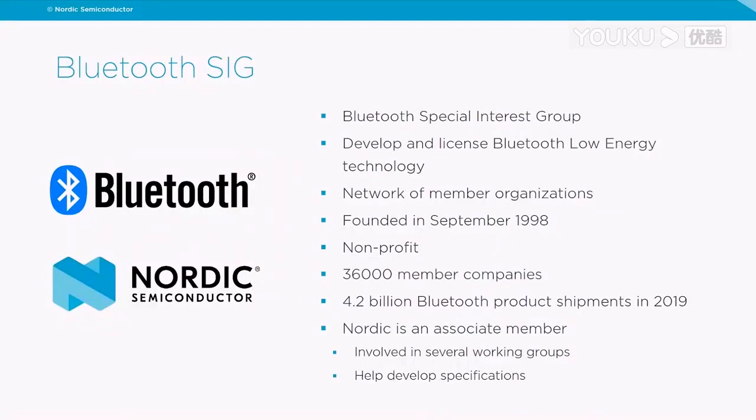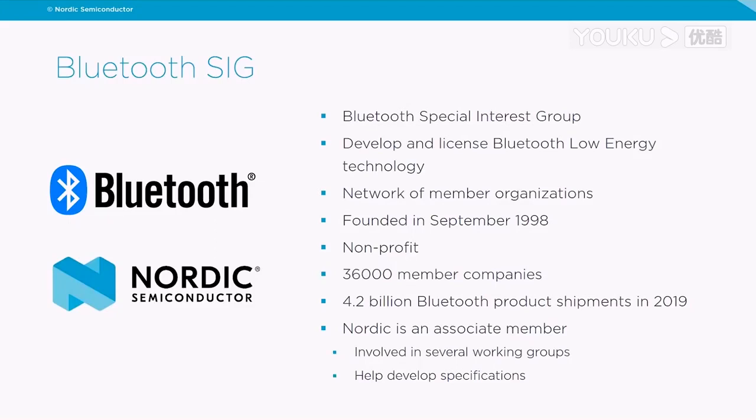Bluetooth Low Energy is managed by the Bluetooth SIG, the special interest group. This group develops and licenses the Bluetooth Low Energy technology, and it consists of a network of member organizations. It was founded all the way back in September 1998, so it's been around for quite a long time. It's a non-profit organization, meaning that all the fees and qualification fees that go into this organization will be used to develop the technology even further.